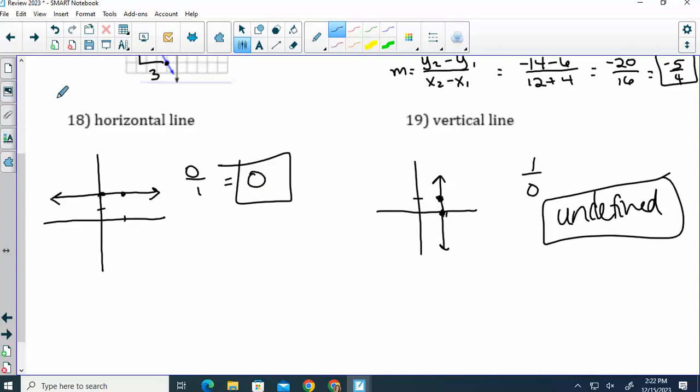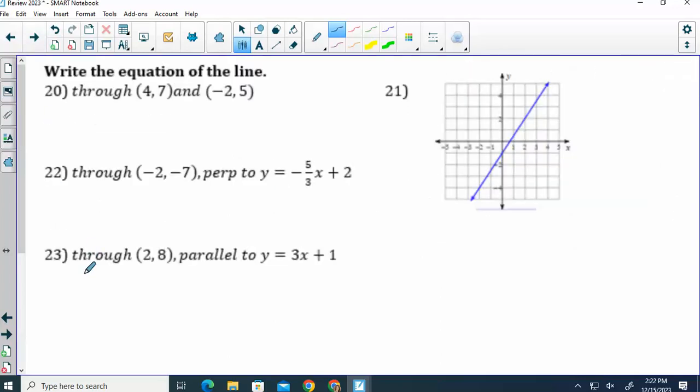So let's talk about equations. We need to have a point and a slope before we can write the equation of a line. This one I gave you 2 points. So what is the first step? Y equals mx plus b form.